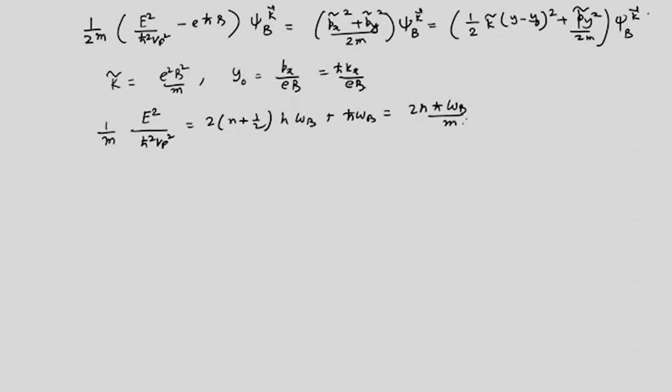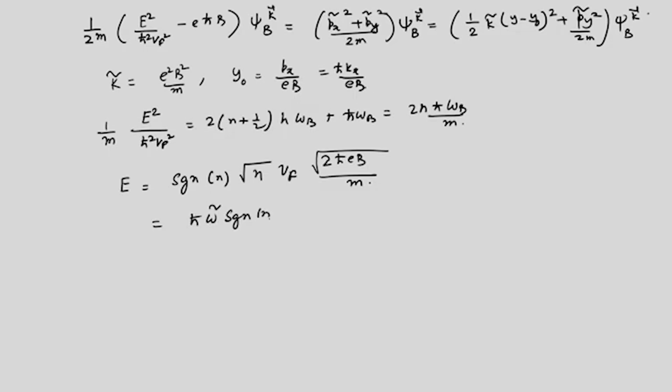So, n is equal to 0, 1, 2 etc. And then of course, what we get is this is equal to sign of n root over mod of n, and that is why we wrote it earlier with mod of n, and this is equal to v_F and 2 H cross eB square root divided by m. Okay. So, you can write it as H cross omega tilde sign of n, this is what we have written, and root mod of n.